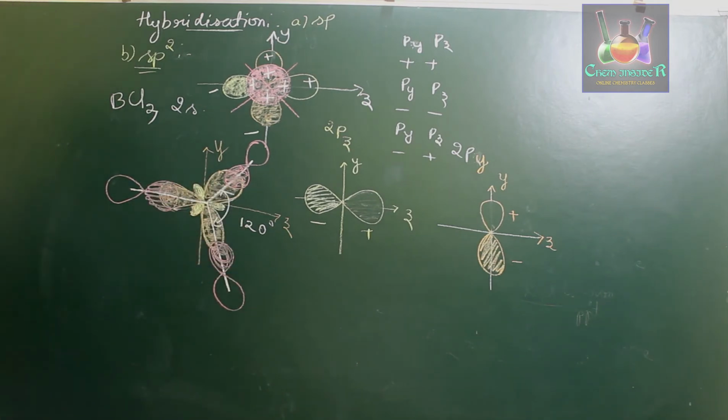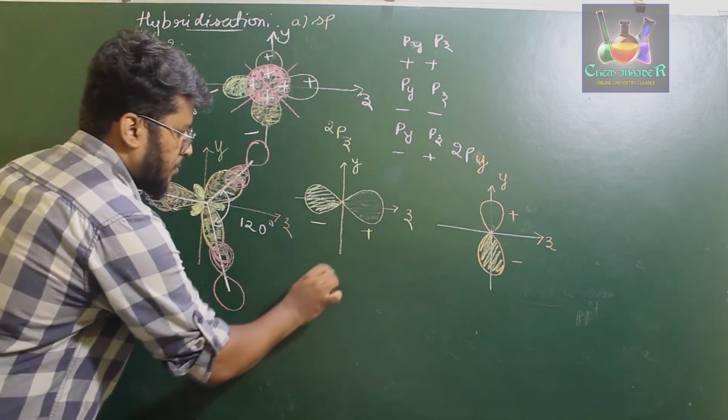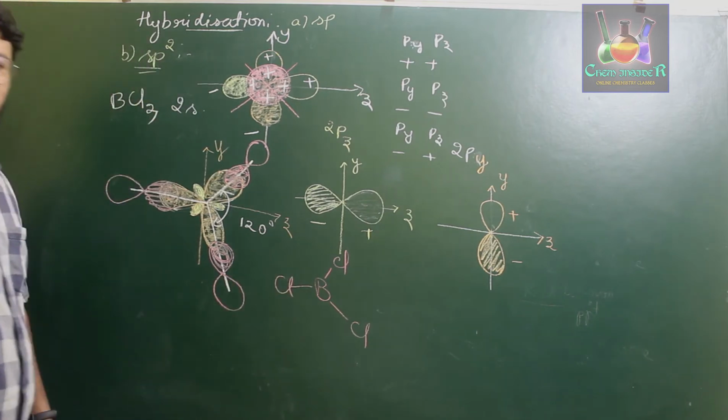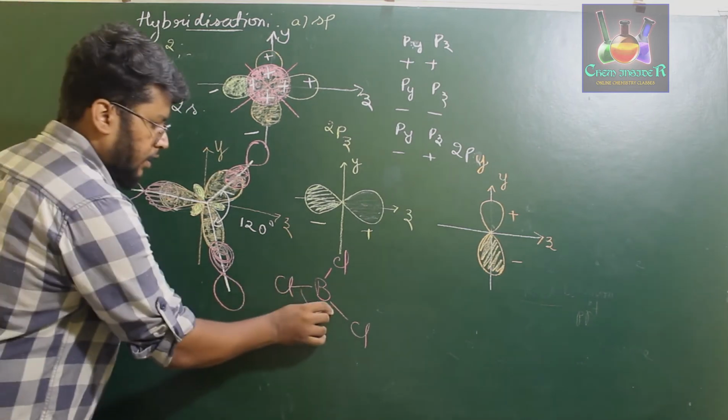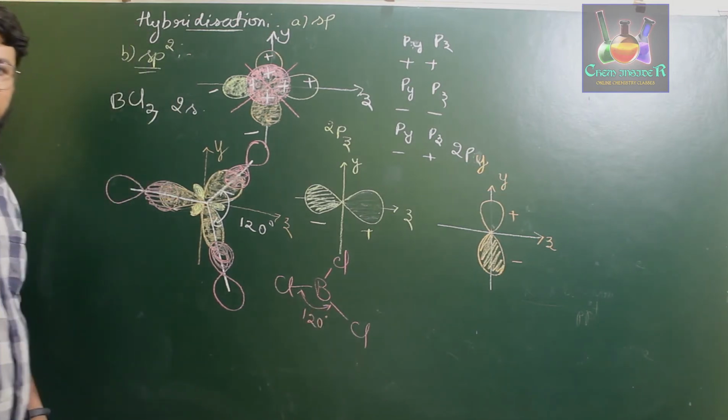So this will be the formation of the BCl3 molecule with sp2 hybridization, B, Cl, Cl and Cl, with a bond angle of 120 degrees. So this is about sp2 hybridization.